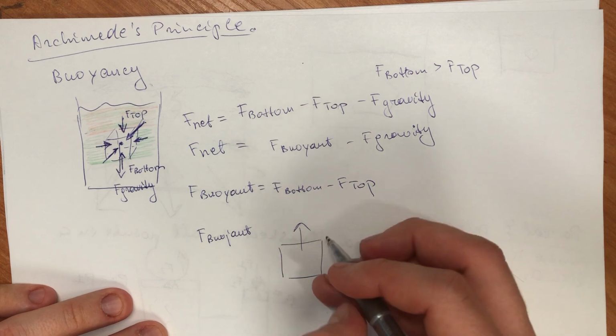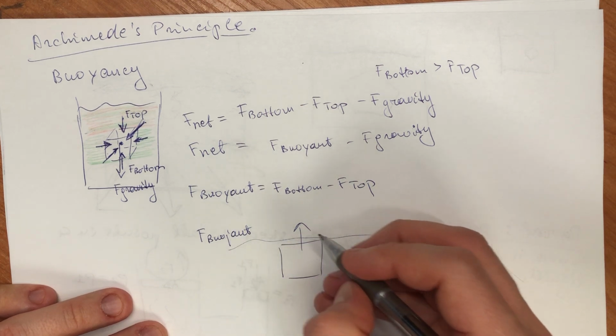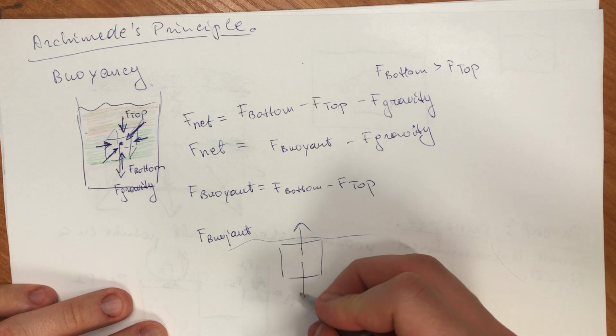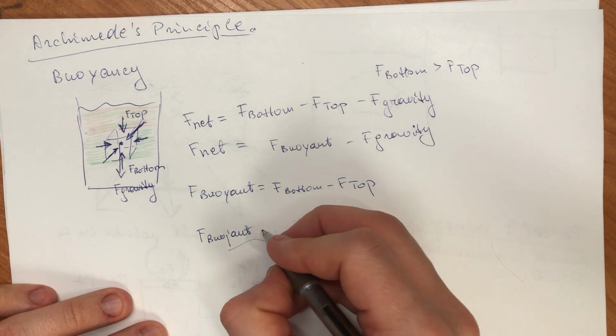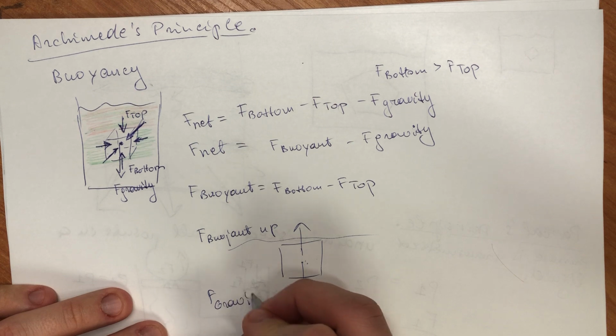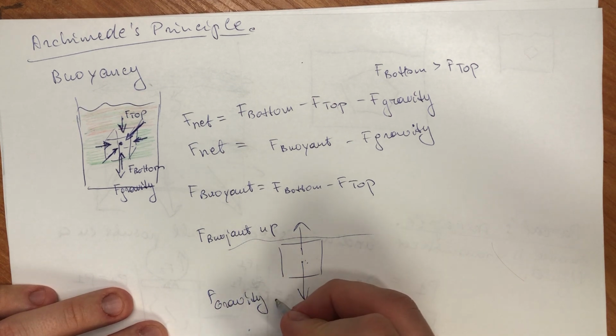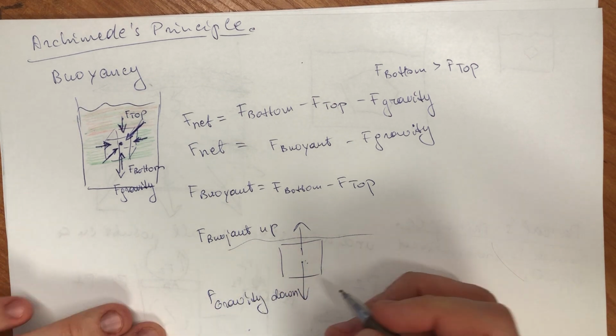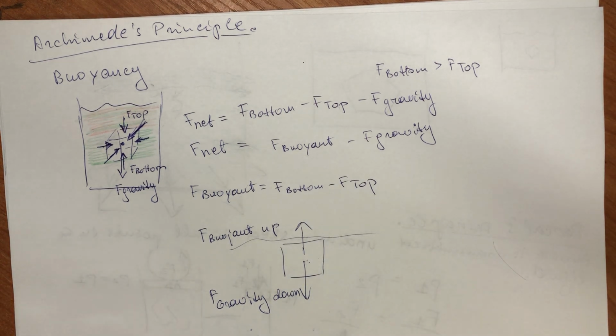F buoyant is always up, so it pushes the object up if the object is in the water. Gravity pushes the object down.